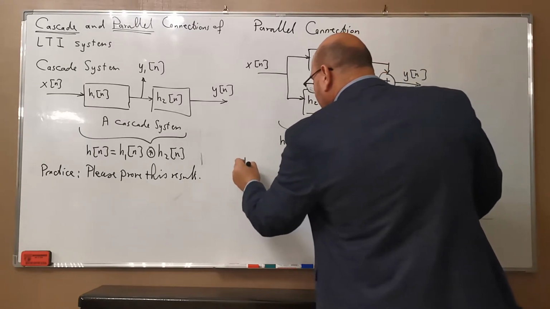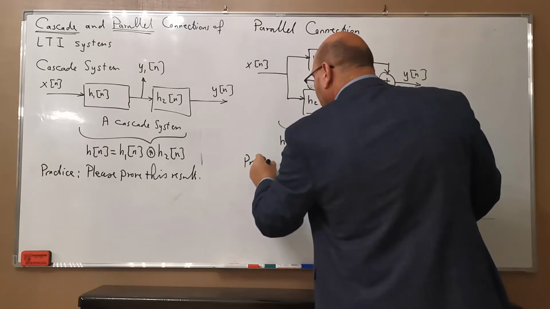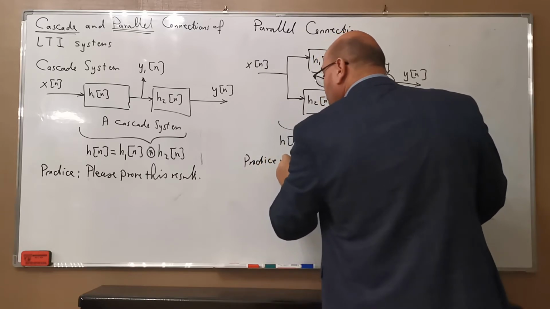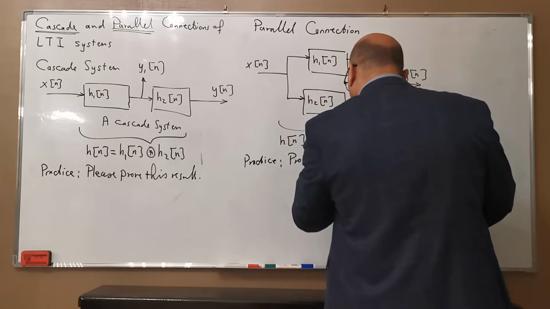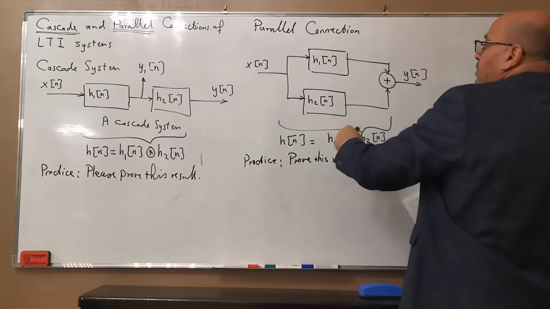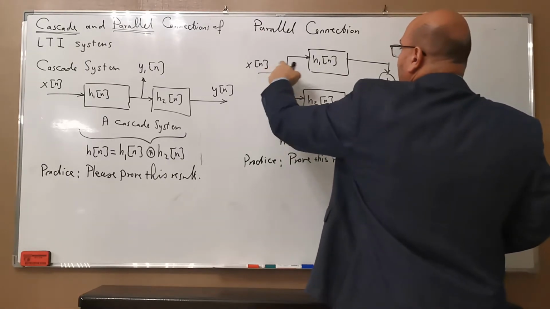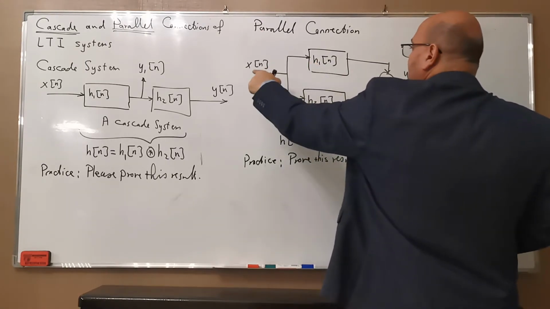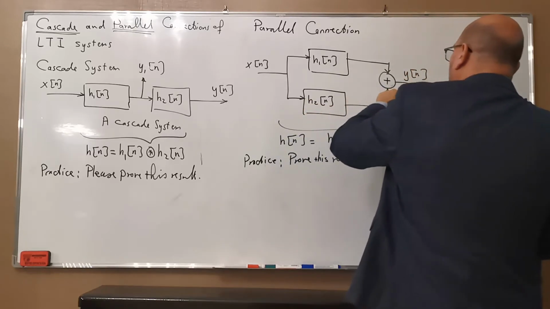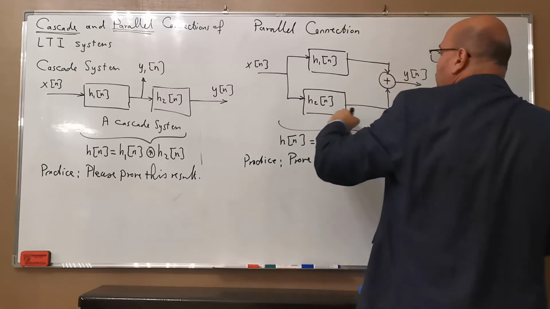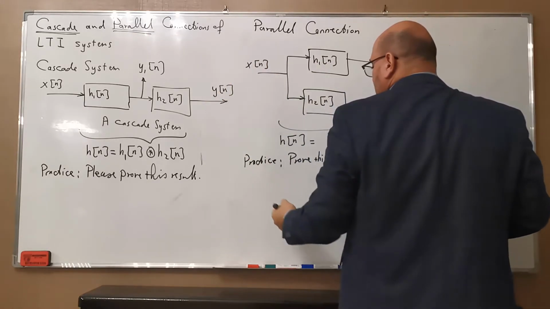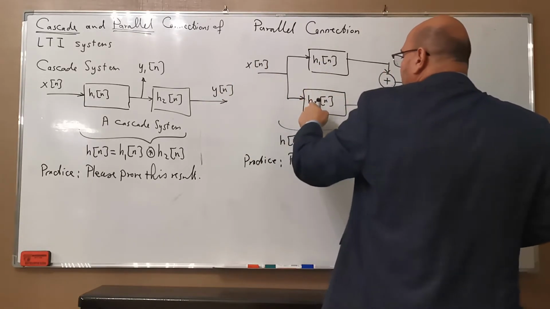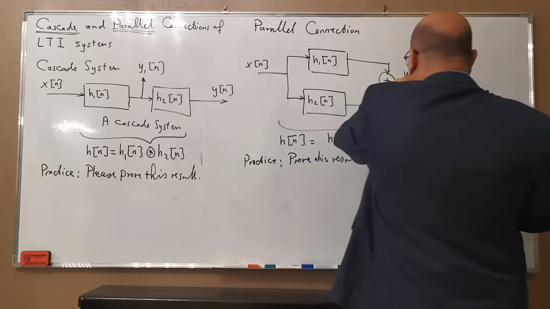And again here, as practice, prove this result. You can look at this as x convolved with h1 plus x convolved with h2. They are added together equals y. So you can take x outside the convolution, and you can say h1 plus h2 convolved with x equals y.